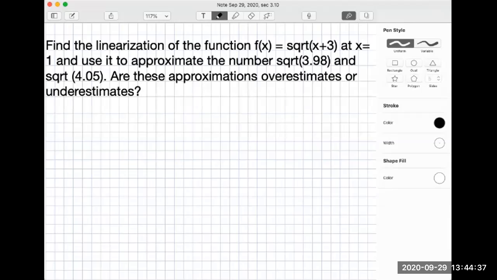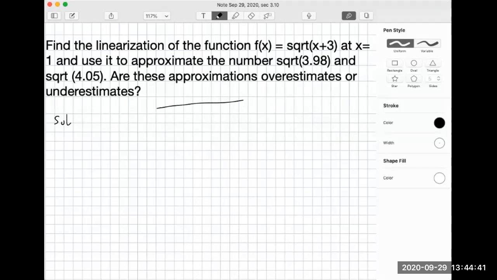Okay. Or let us summarize it a little bit. Now we are given that y is equal to f(x), which is the square root of x plus 3, right?